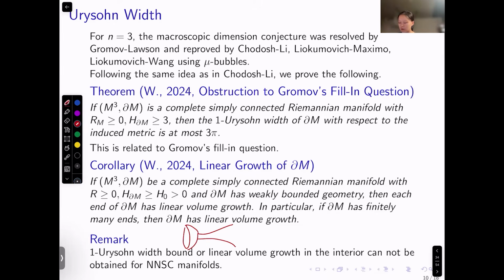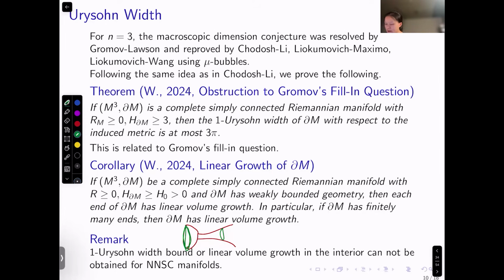Then it has non-negative scalar curvature and mean convex boundary, but you don't have a linear growth for this whole manifold M. So the linear growth really just is for the boundary. It's not for the whole manifold. And of course, the problem is that we cannot use theta bubble, because the boundary just lies here. We cannot use theta bubble to approximate this end, which has very large growth.